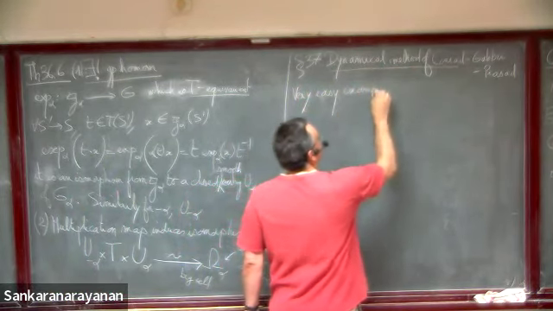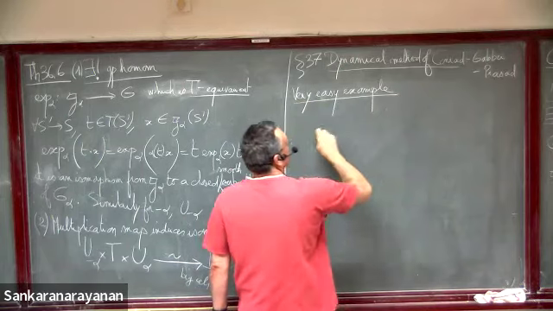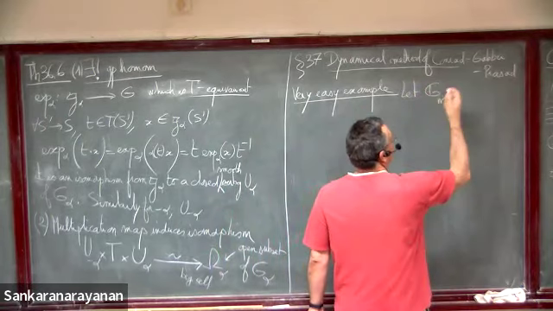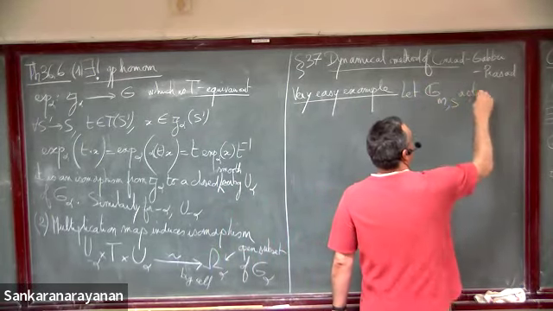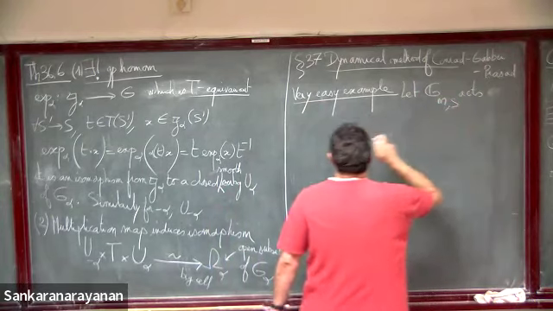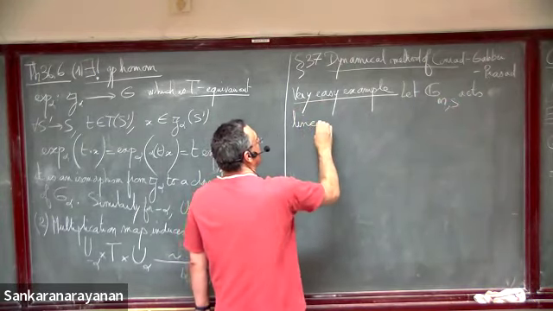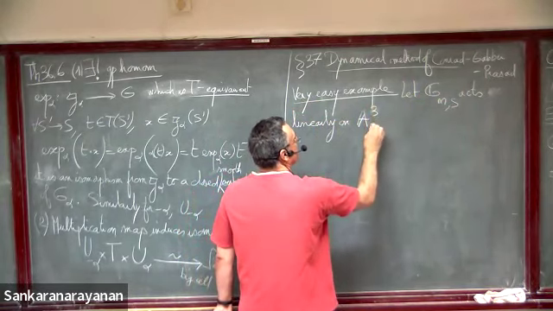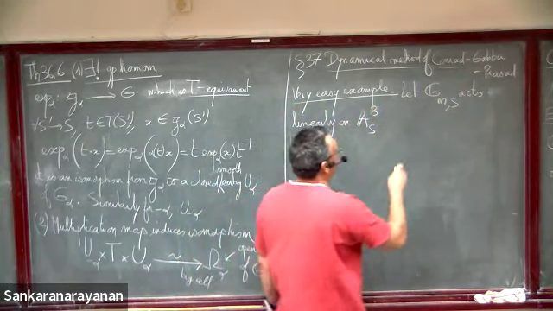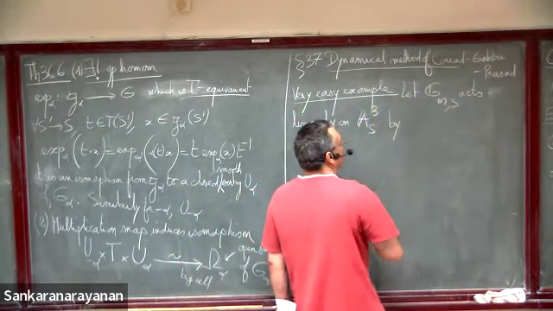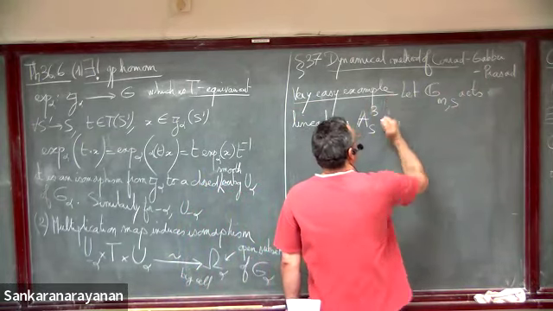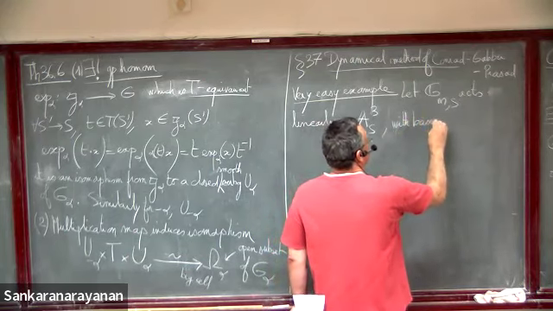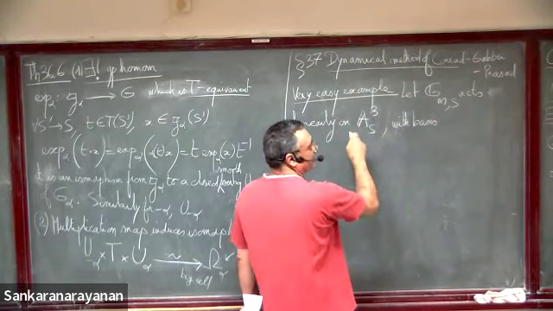example. Okay, so let's say G_m acts linearly on the three-dimensional space by... okay, so we consider this as a vector bundle.